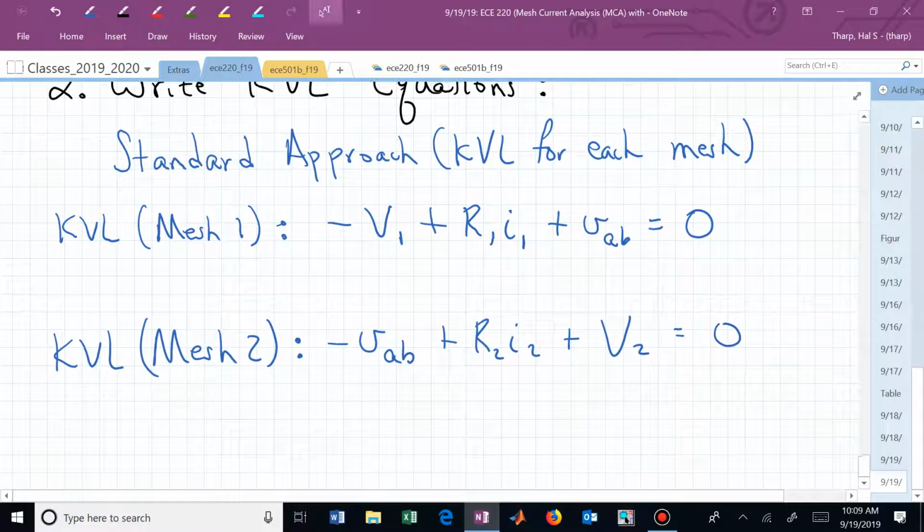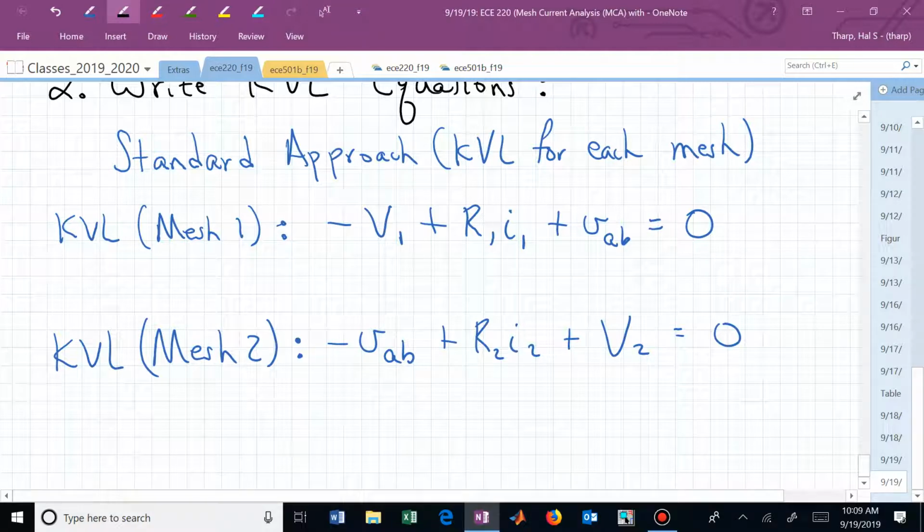And what do we have? We're given V1, that's a given voltage source. We're given V sub 2, that's a given voltage source. We know R1 and R2. We don't know the mesh currents, I1 and I2, and we actually don't know V sub AB. So we have two equations in three unknowns.